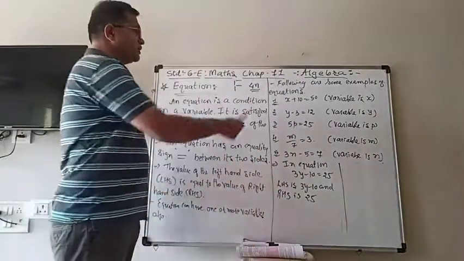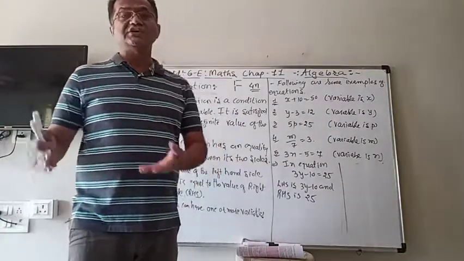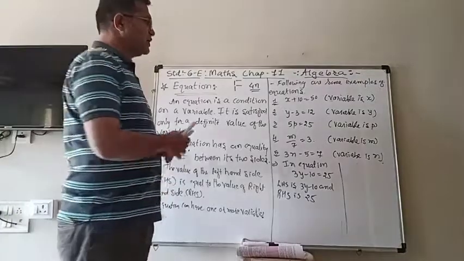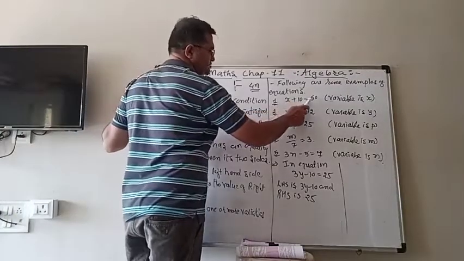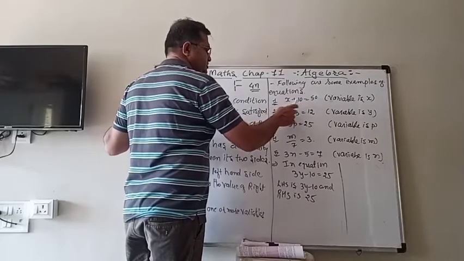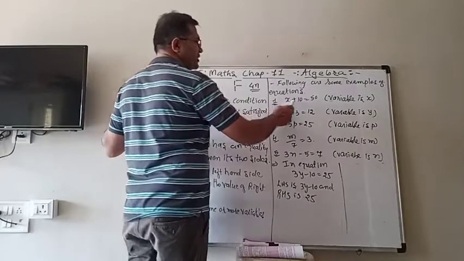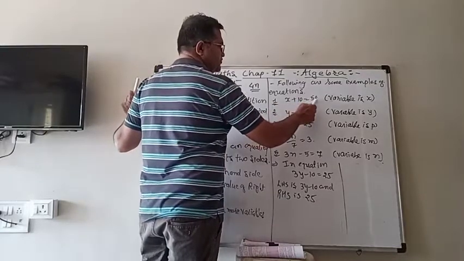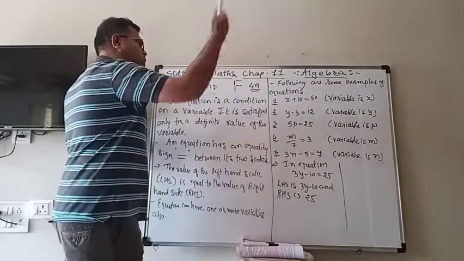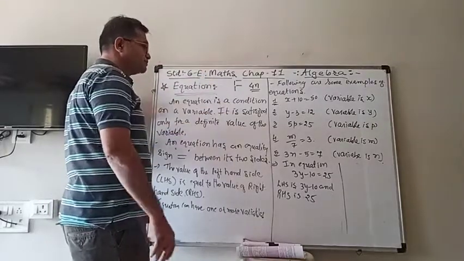RHS. So here, can you identify which is the LHS and which is the RHS? Here you can see that there is an equality sign. So this side is LHS. So for this equation, LHS is x plus 10 and 50 is the RHS because it is on the right side of the equality sign.